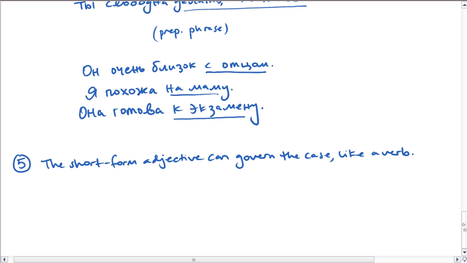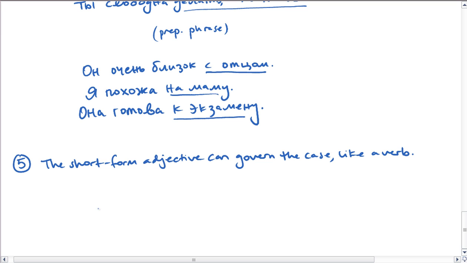A long form is not going to do this. The long form can be in any case, and the short form can only be in the nominative case. But this short form has this ability, because it's acting like a predicate, to govern the case.